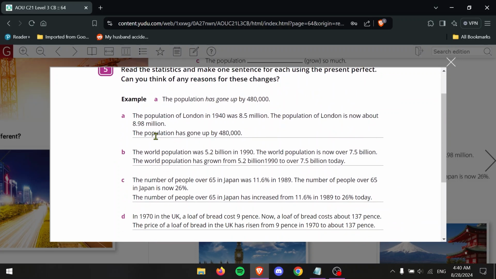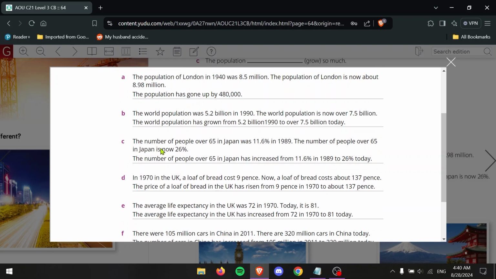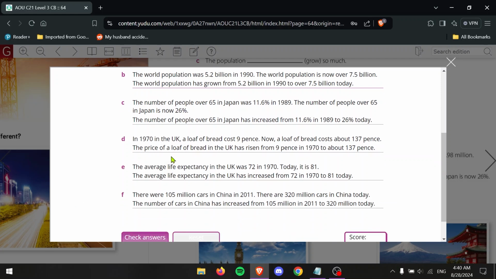Right, so let's go over these one by one again. For A, it was the population has gone up by 480,000. This was the same as the example. And then B, the world population has grown from 5.2 billion in 1990 to over 7.5 billion today. C, the number of people over 65 in Japan has increased from 11.6% in 1989 to 26% today. The price of a loaf of bread in the UK has risen from 9 pence in 1970 to about 137 pence.